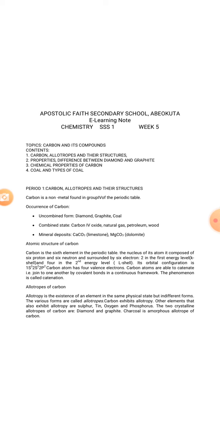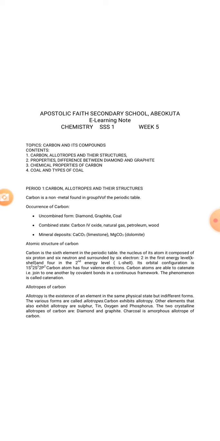Carbon can be found in combined state as carbon dioxide, as natural gas, petroleum, wood. Number 3, carbon can be found in mineral deposits like calcium carbonate or limestone, and magnesium carbonate or dolomite. So those are the 3 forms or 3 states in which carbon exists.